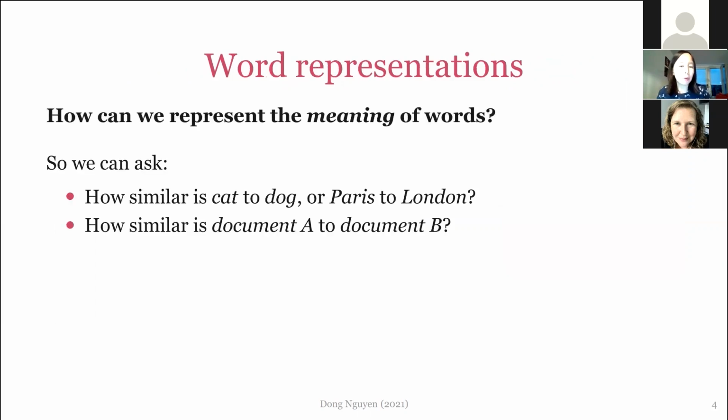For example, if you're building a machine learning model, then somehow we need to encode the meaning of words in the model. If we're able to do this, then we can ask questions like, how similar is cat to dog, or how similar is Paris to London? Or if we aggregate it at the document level, how similar are document A and document B?